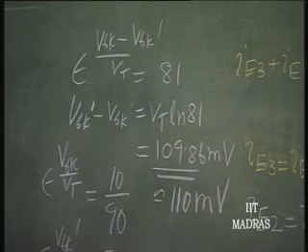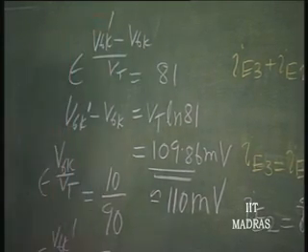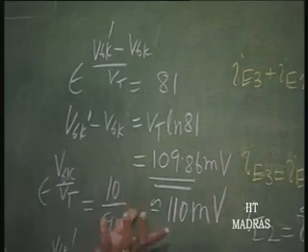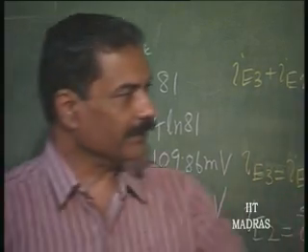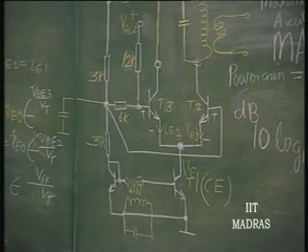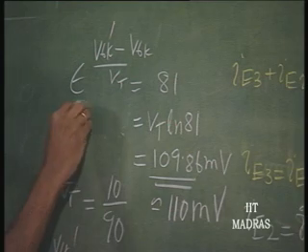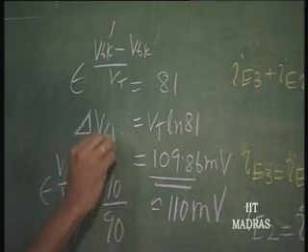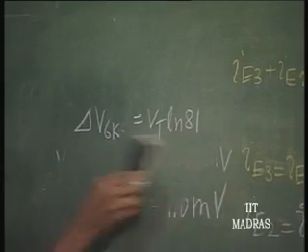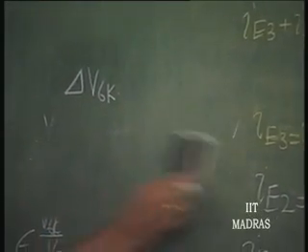Since it is a change, it does not matter whether it is one voltage change or the other voltage change. So, this is the change in voltage across 6K, which we will call delta V6K needed, equal to 110 millivolts.